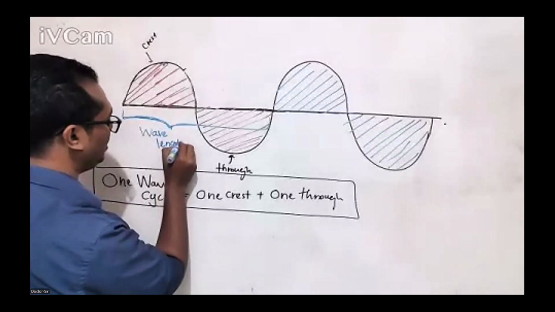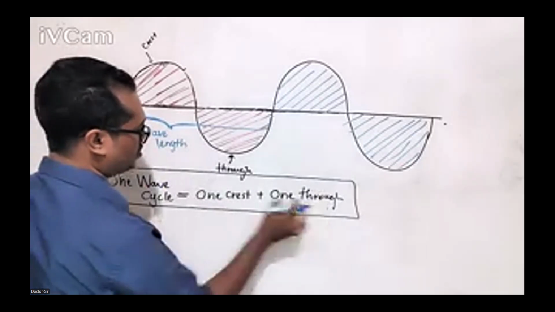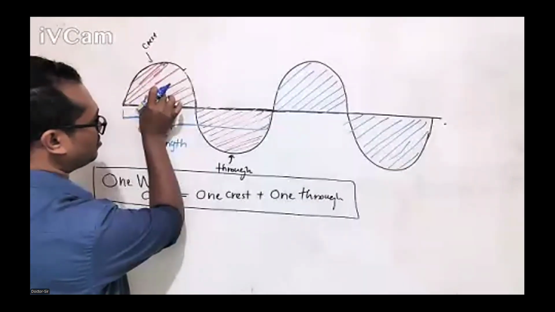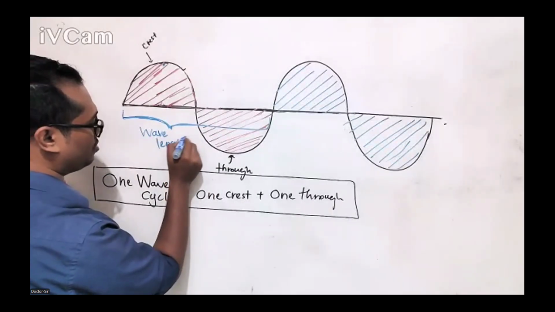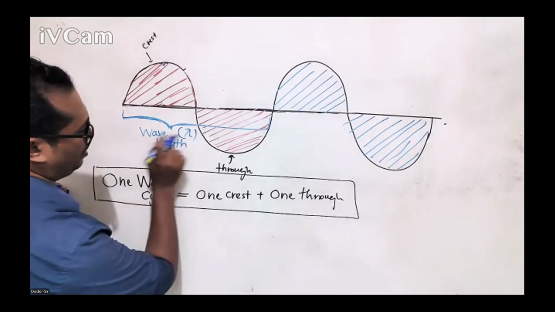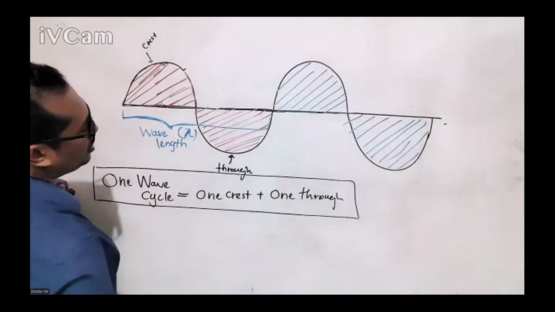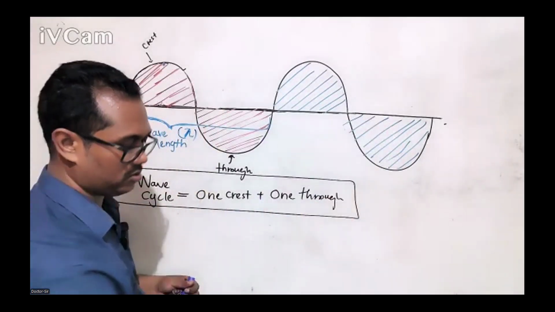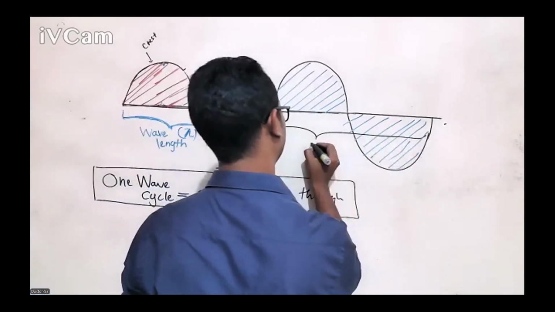Now simple understanding. One wave means one crest, one throw. So wavelength is the length for one crest and one throw. Okay, right. So we can symbolize it by lambda. So wavelength is represented by lambda, right? Then this is also another wavelength.